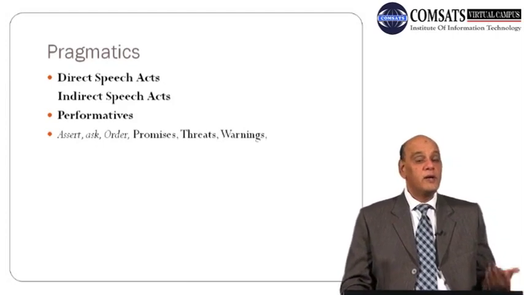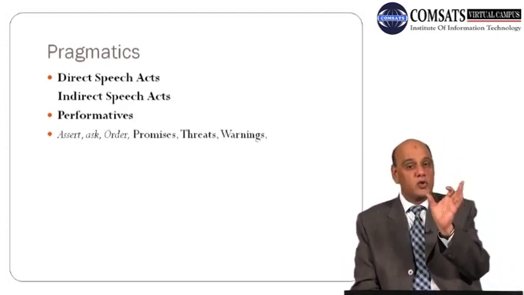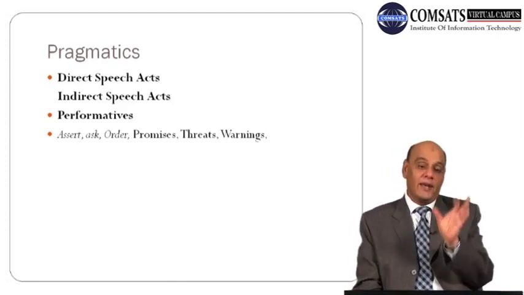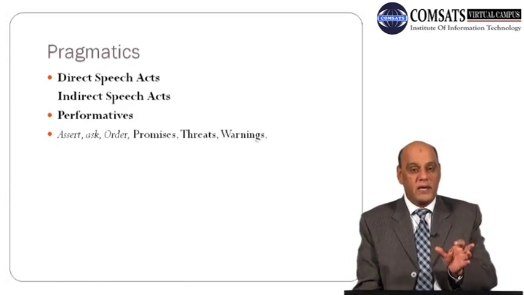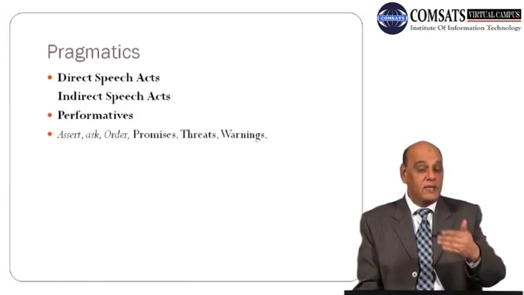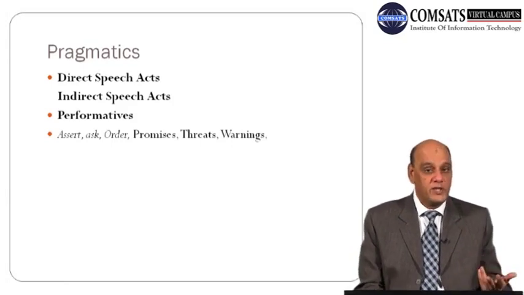You have different styles of language, or different words used in sentences, which indicate that you are asking, ordering, promising, or giving a threat. These acts are performed through words. They are called direct speech acts.